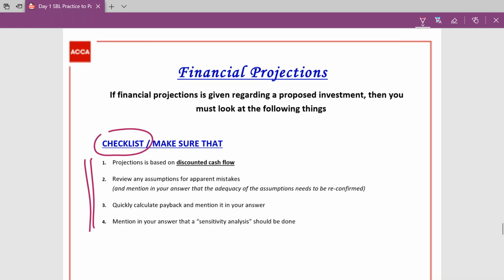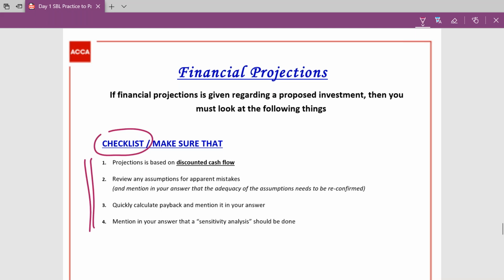If you are able to identify any wrong assumption, just mention that this particular assumption does not make sense. If you are not able to spot any mistake, then write one general sentence saying that the adequacy or the validity of the assumptions needs to be reconfirmed. Just act like a CFO, man.